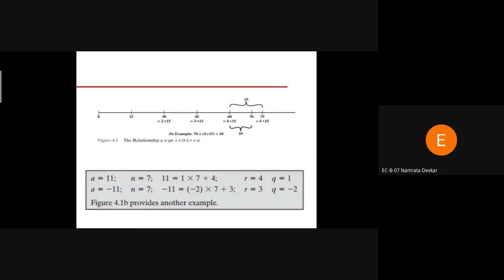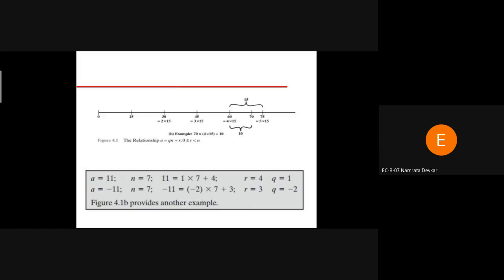If we take 70 on this complete string and the value of n is 15, we can count the multiples of n, that is 15, 30, 45, 60, but our value of a is 70, so 70 is in between 60 and 75. If we subtract 60 from 70, the answer is 10. So 10 is the remainder and that remainder is called the residue.